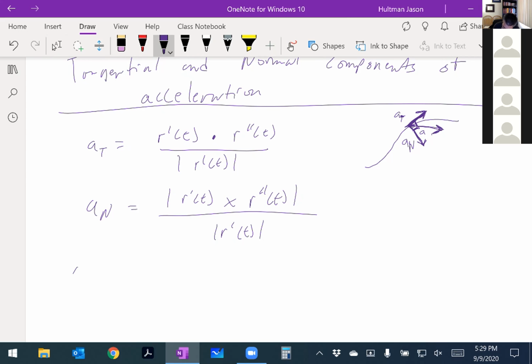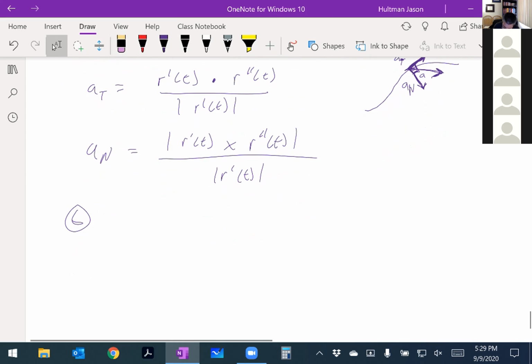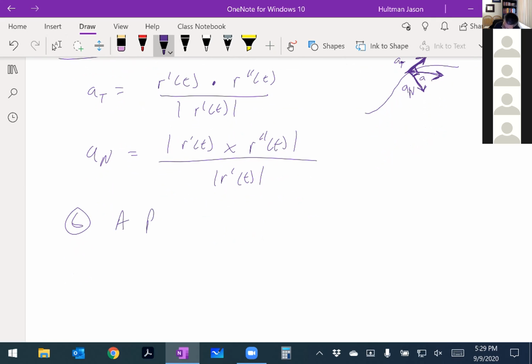Okay, number 6. A particle moves with position r of t equals t squared, t cubed.